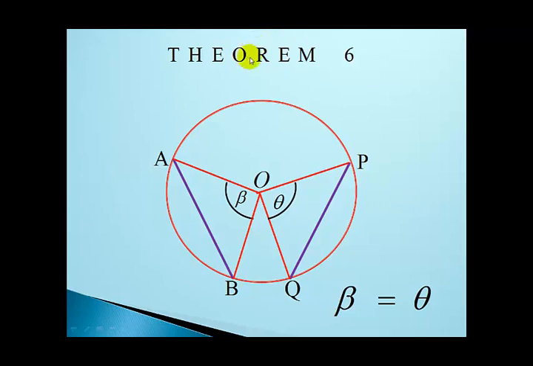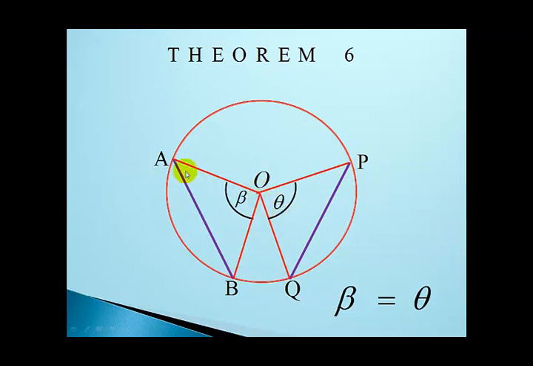Now let's look at theorem 6. AB is a chord. PQ is also a chord, and this is a circle with center O. The angle that the chord AB subtends at the center is beta, and the angle that the chord PQ subtends at the center is theta.